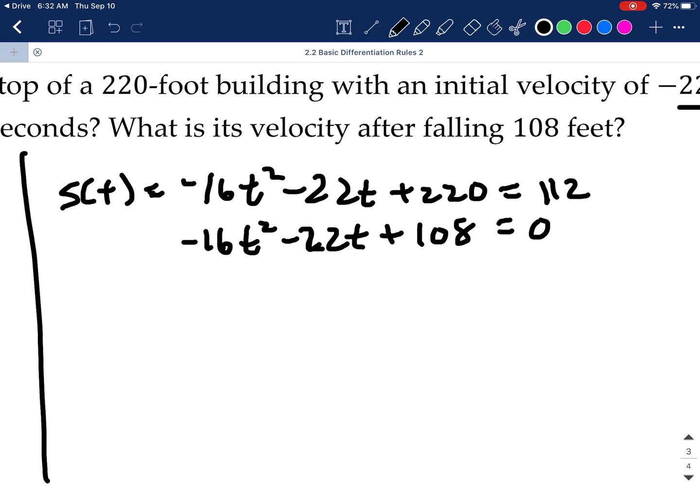So let's go ahead and divide both sides by 2, it looks like. So we're going to get negative 8t squared. Actually, let's divide by negative 2, just so we get a positive leading coefficient.